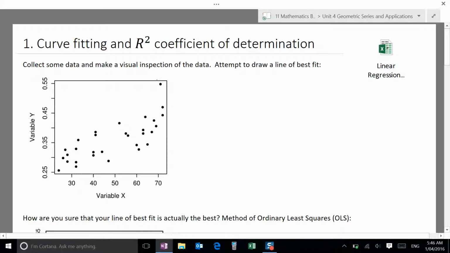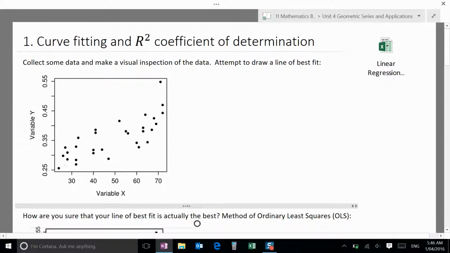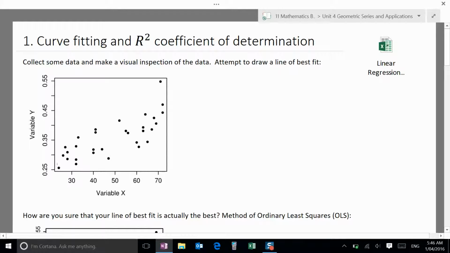Whatever you've done in history or geography or those sorts of subjects, you'd try and draw a line of best fit. You'd get some line and draw it through so that roughly the same amount of points are on either side of the model.